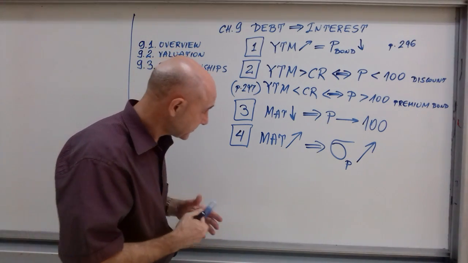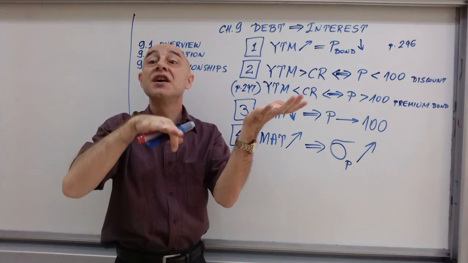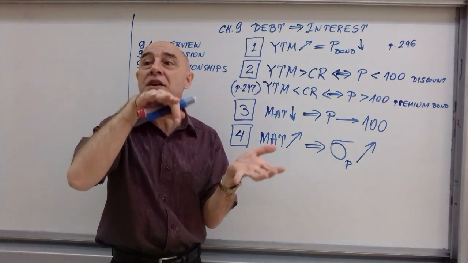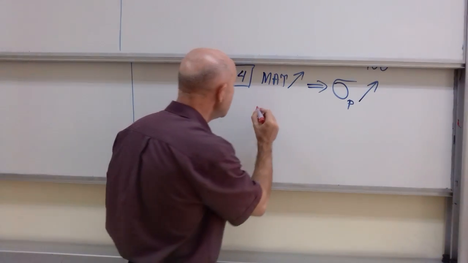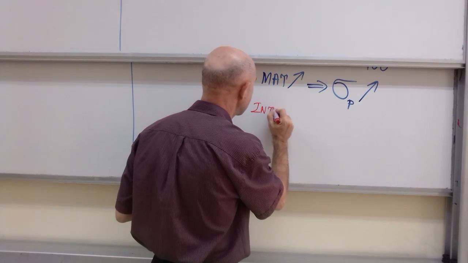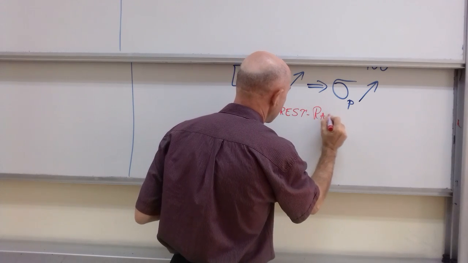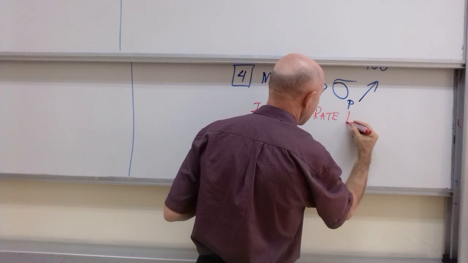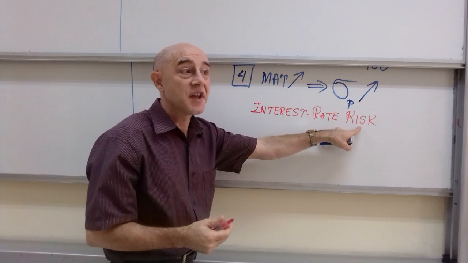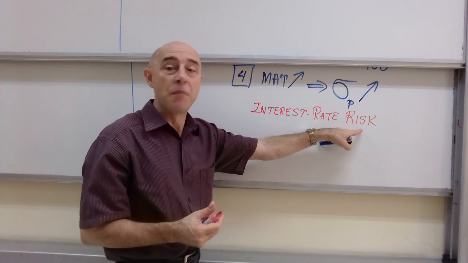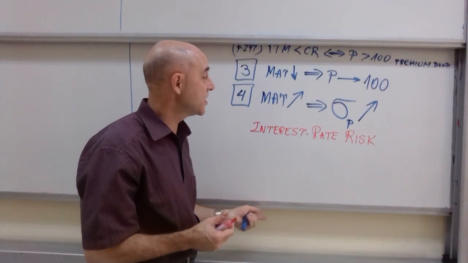Next, when interest rates rise, the price falls. Falling price due to rising interest rate is called interest rate risk. So, interest rate risk is the risk of bond price falling because interest rate increases.